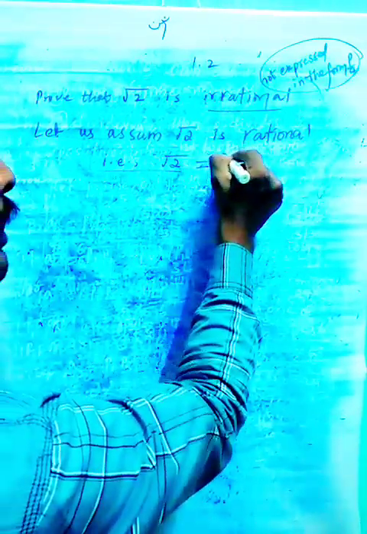Take any letters, x by y. Here I am taking x by y because a rational number can be written in the form of x by y.